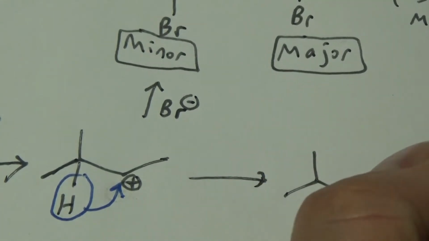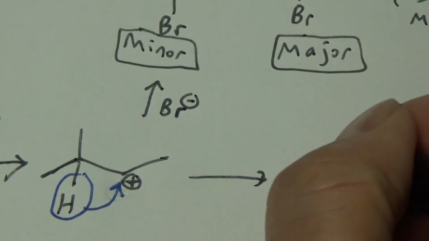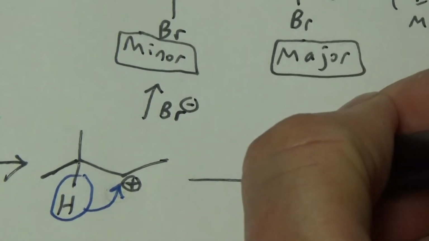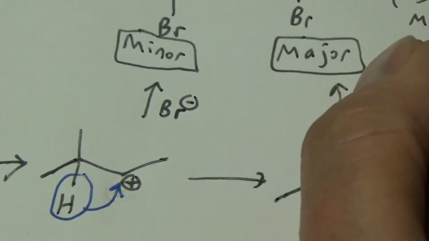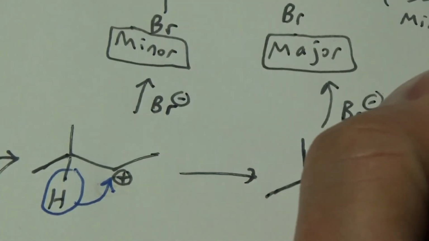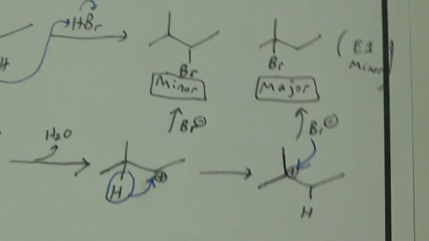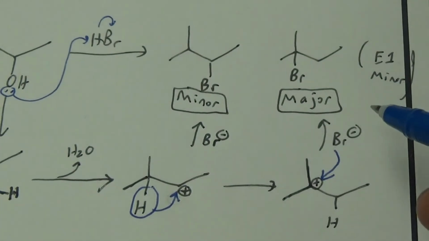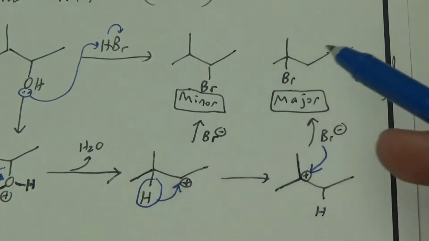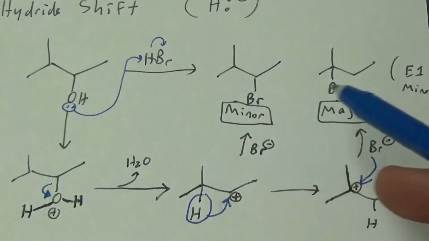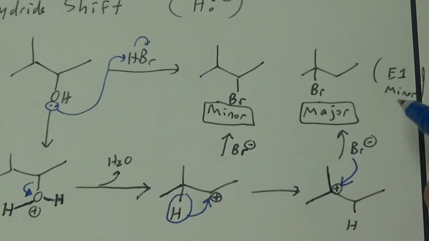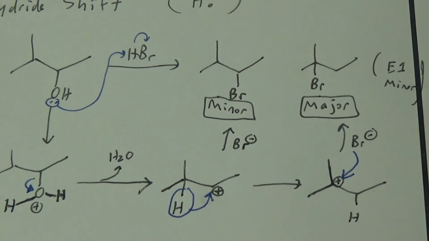Now the H is over here. Where's the plus charge now? Now it's there. Aha! Now Br minus attacks the carbocation, and then you're done. That explains how this major product can form. It looks a little different than what we started with, because now the Br is on the tertiary position. That's cool.